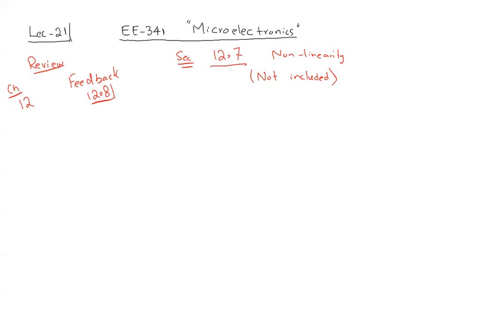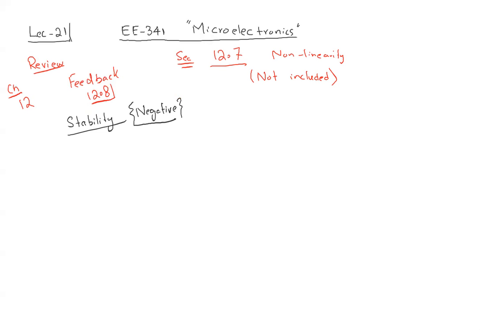The main thing we did last time was start the stability of feedback, section 12.8, stability of a negative feedback system, because positive feedback in our terminology is not going to be a stable system.